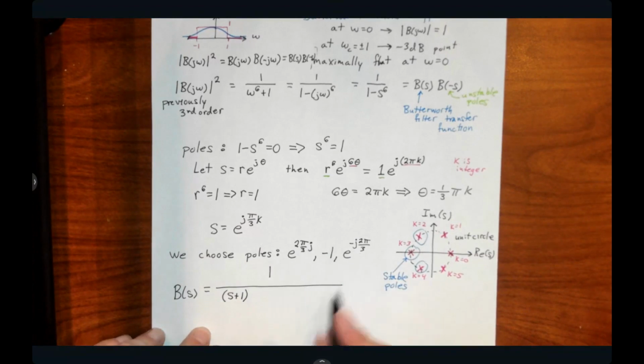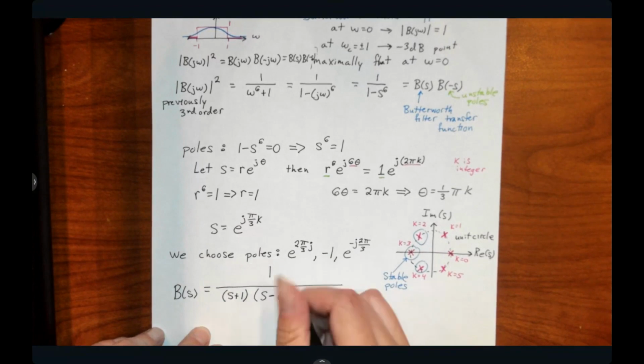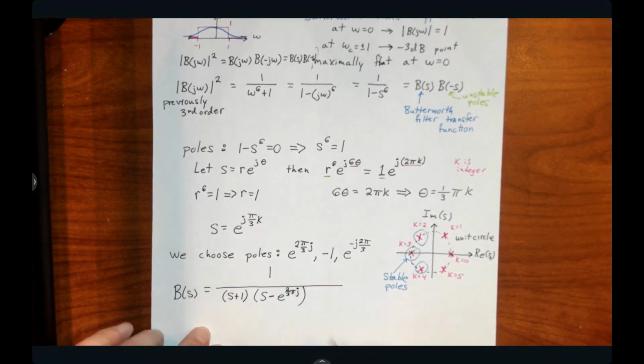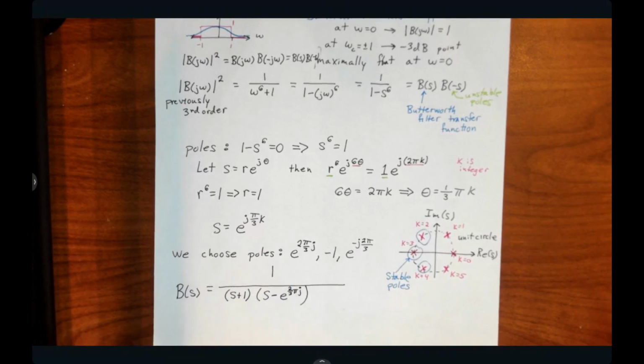Now similarly with these two, we have S minus E to the 2 over 3 pi j. If we substitute that in there, we have division by 0. Definitely an easy part to miss when you're substituting it back into the transfer function is that you are going to have an additional minus sign for whatever those poles are.